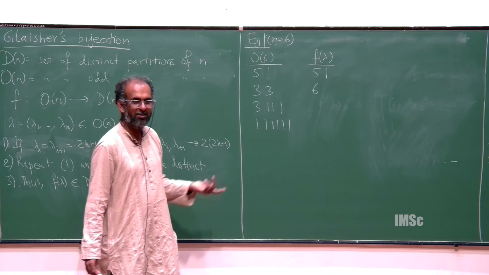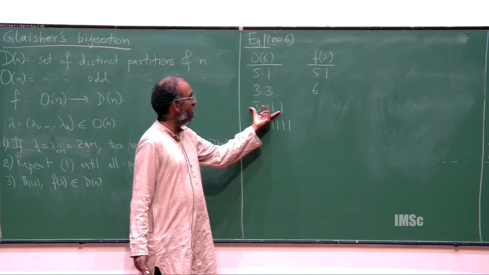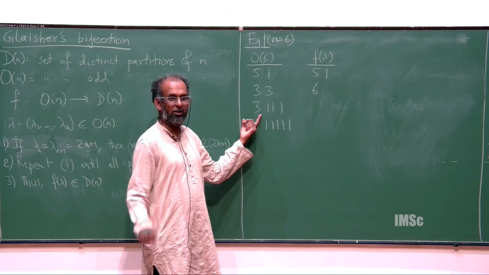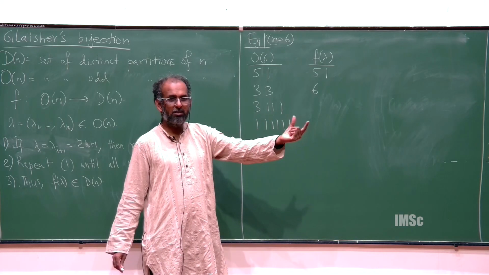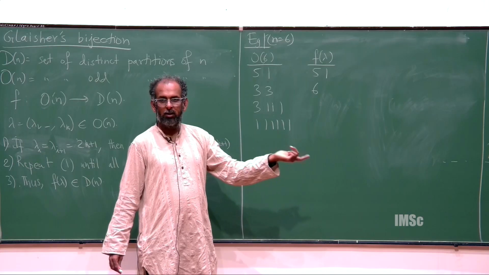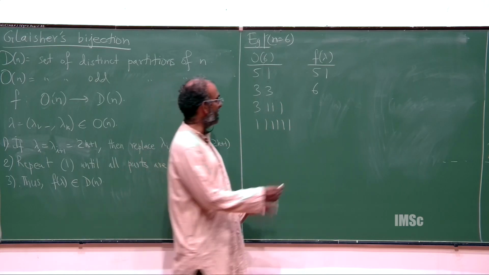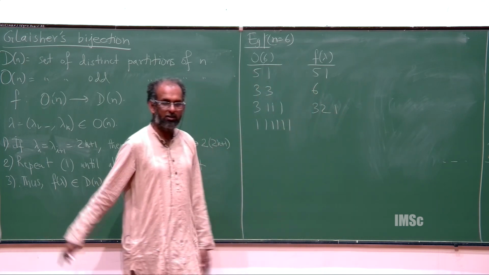Okay? Is this clear? Now what will I do here? 3 is distinct, it occurs only once, so I don't do anything. 1 occurs 3 times, so take 2 of the 1s and replace them by 2. And now you get 3, 2, 1 which is distinct. So in one step we are done. In both these cases, in one step we are done.